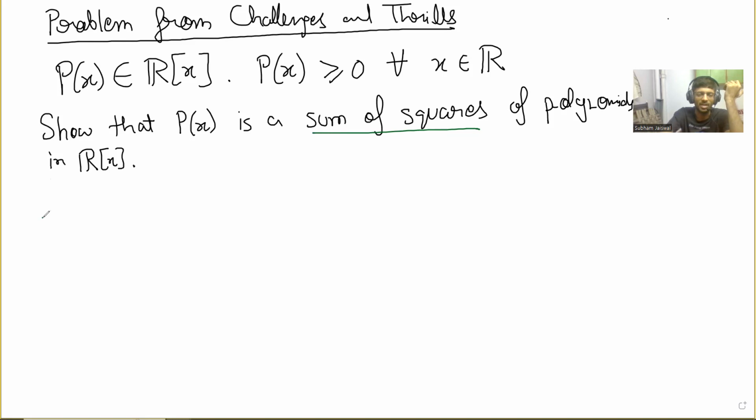So we know the following: if alpha is a real root, then every real root has even multiplicity.